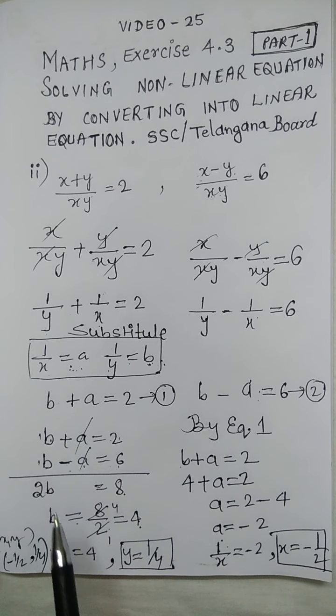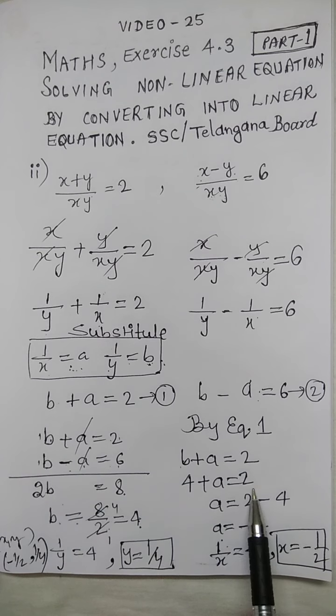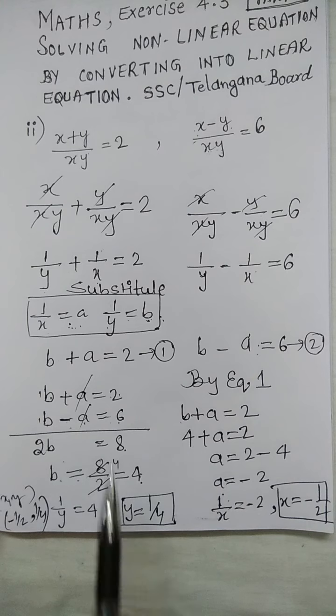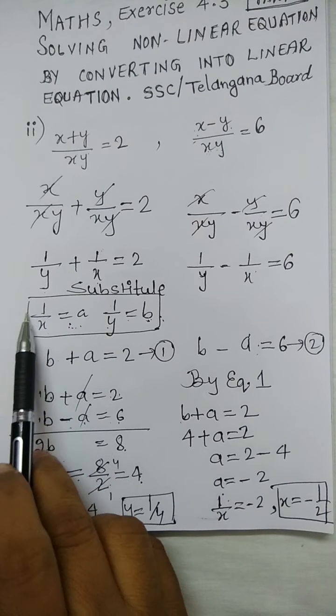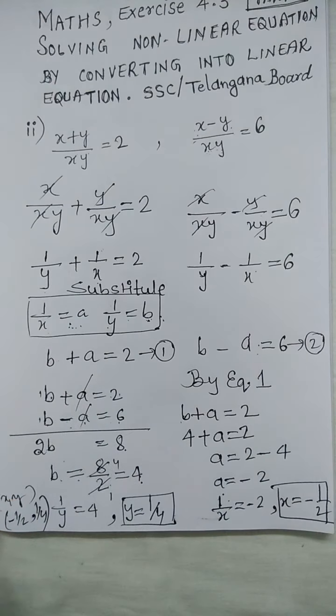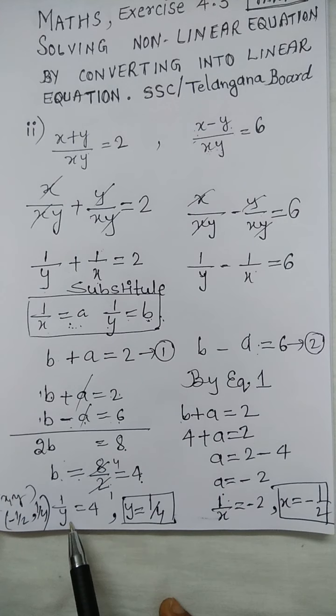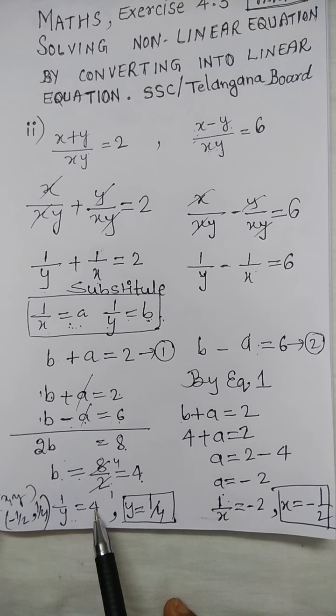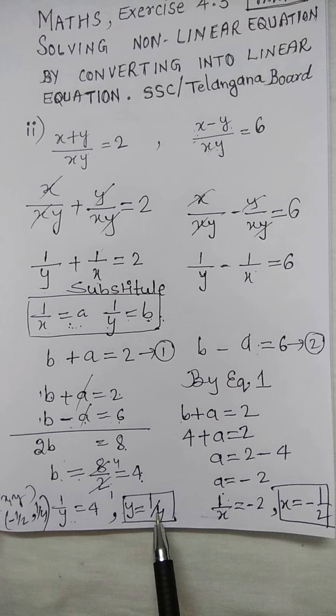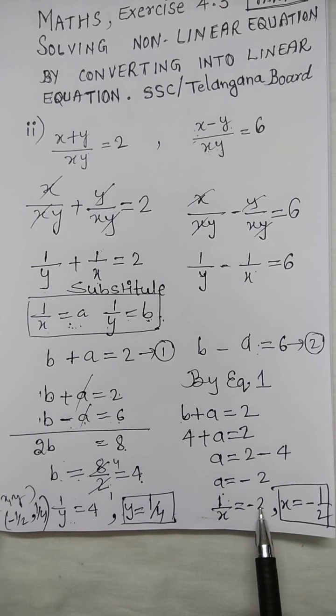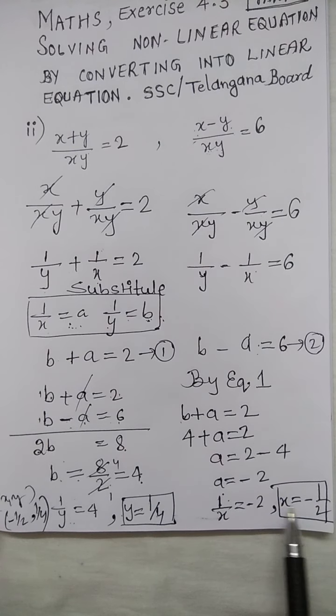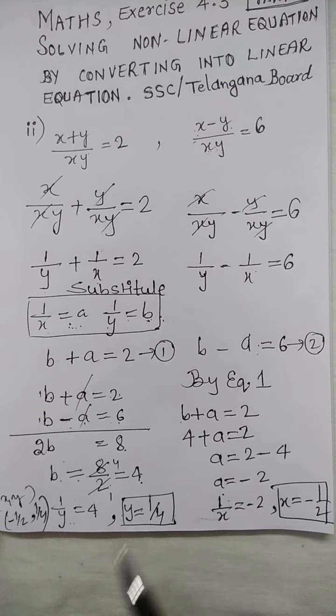After solving, you will get A and B values. That A and B value, you resubstitute with their original values, that is, A is 1 by x, B is 1 by y. After resubstituting, 1 by y value is 4, so y will be 1 by 4. 1 by x value is minus 2, so x will be minus 1 by 2. In this way, you have to solve all the problems.